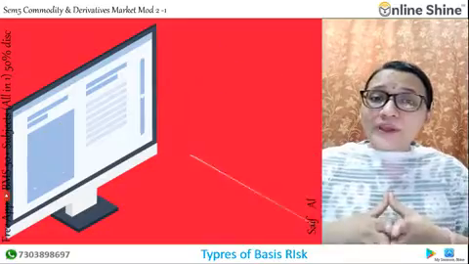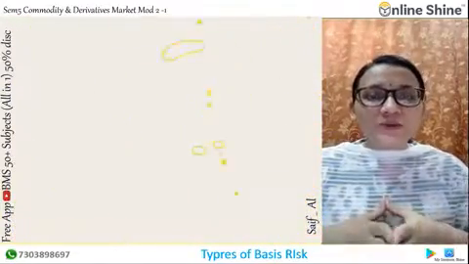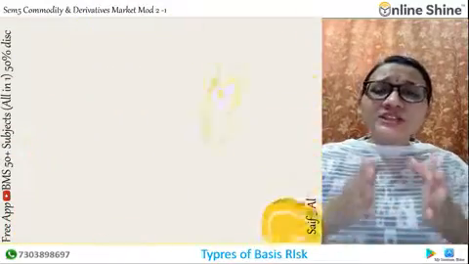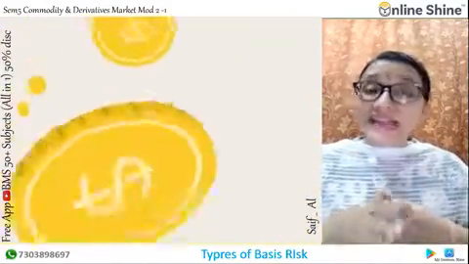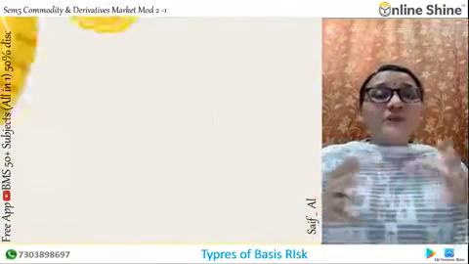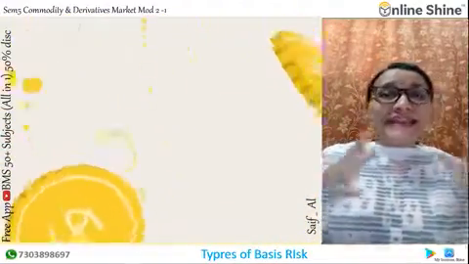Now the second type is the location basis risk. As the name suggests, it is the risk that arises when the underlying asset is in a different location from where the futures contract is traded.